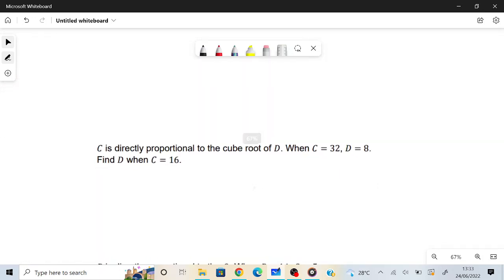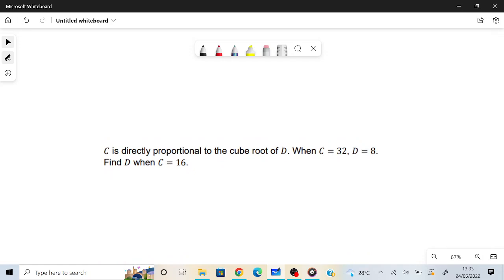The first example says C is directly proportional to the cube root of D. When C is 32, D is 8. Find D when C is 16. That is a lot of information, so let's take it one after the other. It says C is directly proportional to the cube root of D. So we already have something like this.